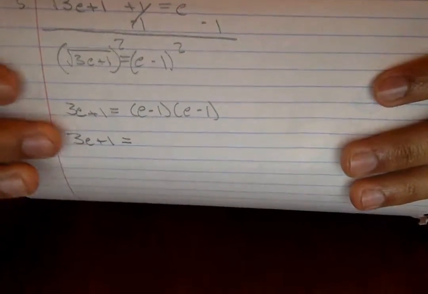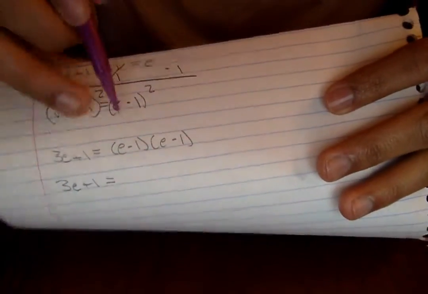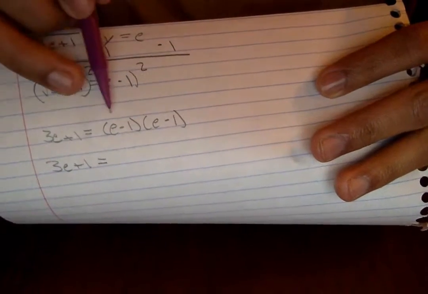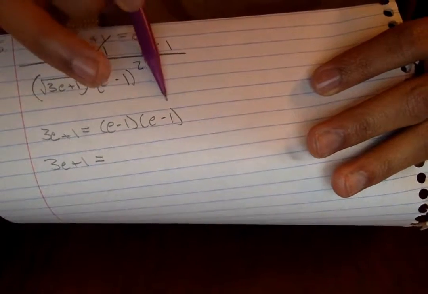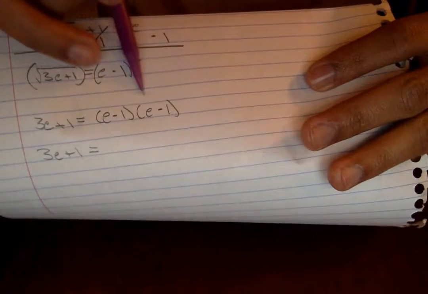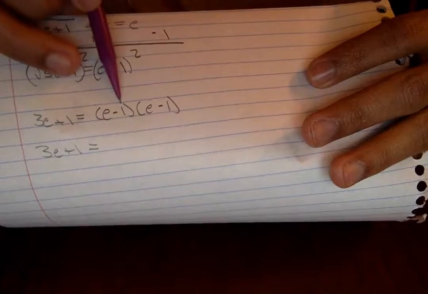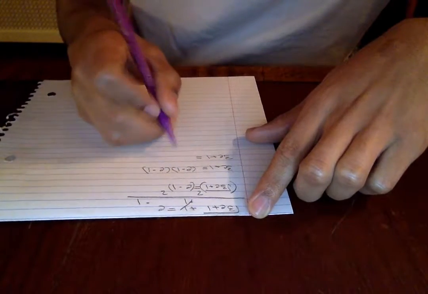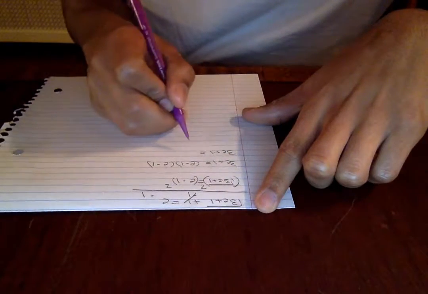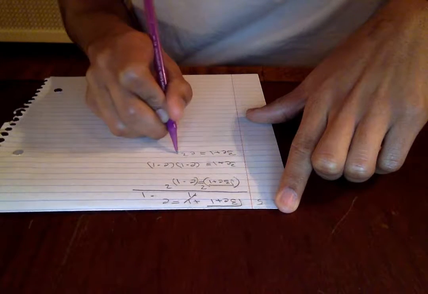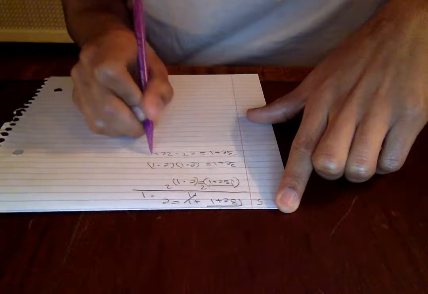By FOIL, I mean take the first and multiply it by the outer number, take the first again and multiply it by the inner number, then the inner terms, then the last terms. By doing all that multiplication, you should get 3e plus 1 equals e squared minus 2e plus 1.